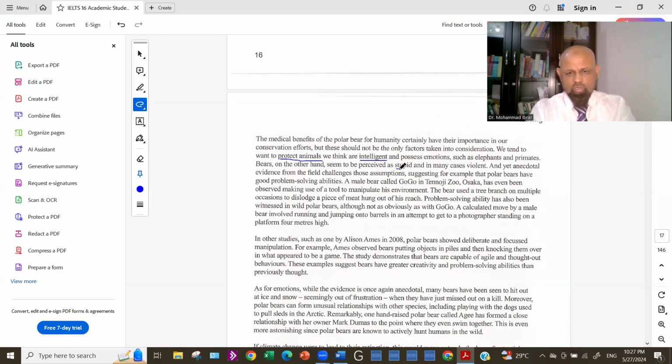Yes, stupid. Yeah. So the synonymous word of unintelligent is stupid here. And in many cases, violent. So see, two adjectives. So violent is the word that we need to transfer there. So polar bears are stupid and violent. They are thought to be so.